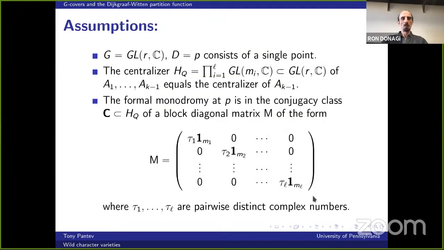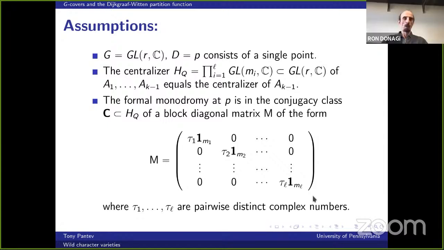Okay, so let me set this up a little bit. So the group I'm going to work with now is just going to be GL_R. The pole divisor is going to consist of a single point, just for simplicity of describing what's going on.